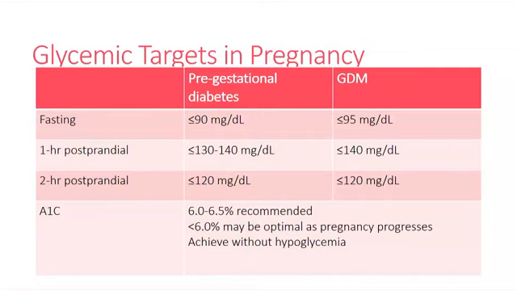Then you can have her do the 1 hour. 1 hour is 140, 130 to 140, and 120 and 120 at 2 hours. It's almost the same, just a little difference in the fasting. A1C between 6 and 6.5 is recommended. Less than 6 may be optimal as pregnancy progresses, if there is no hypoglycemia.